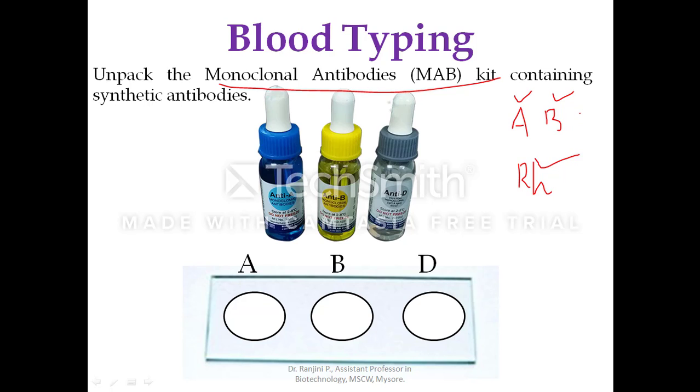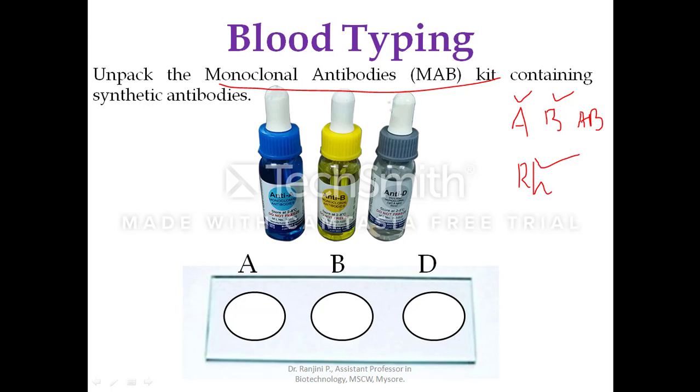There are certain RBCs that have both A and B antigens, and a few RBCs will not have A or B, or any antigen on their surface. So based on the antigens present on the surface of the RBCs, blood groups are classified.